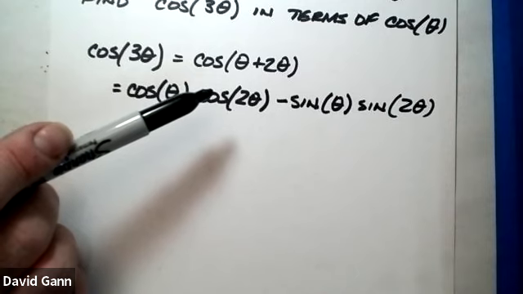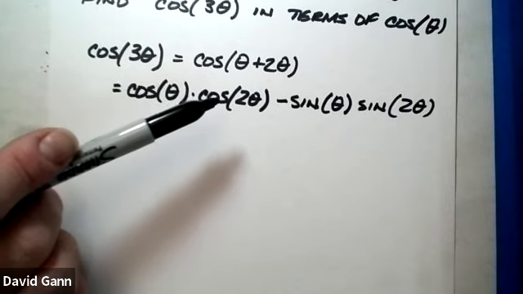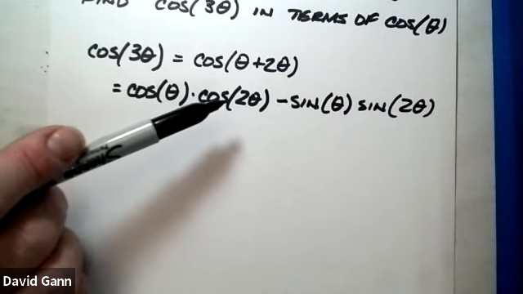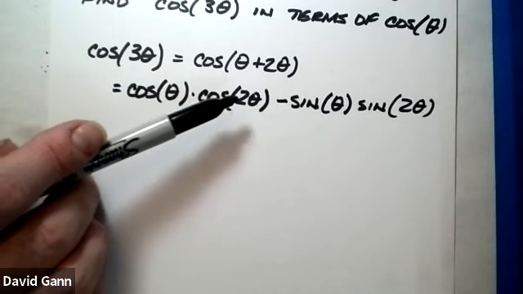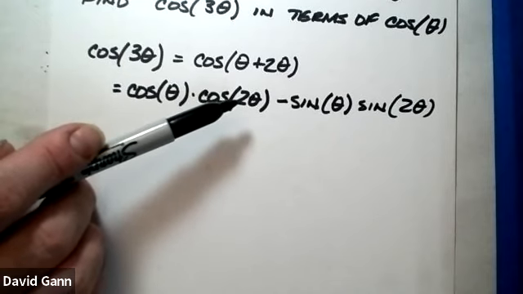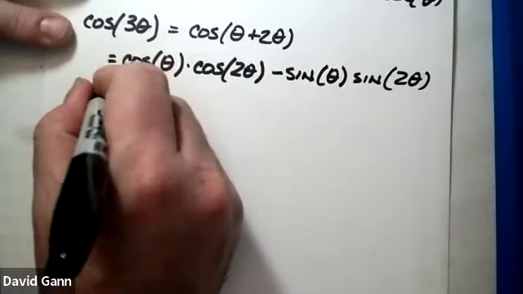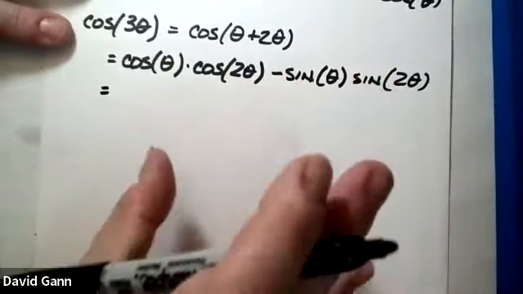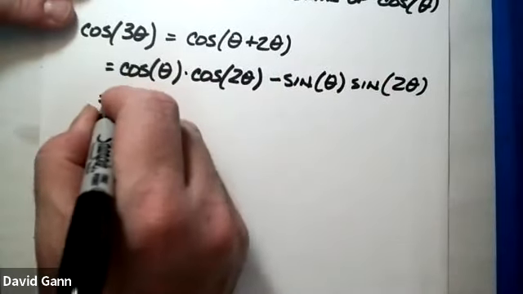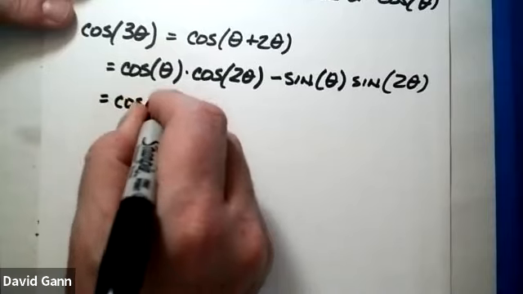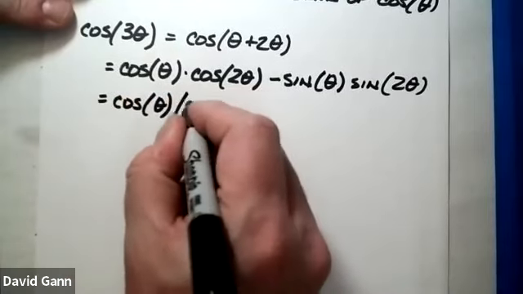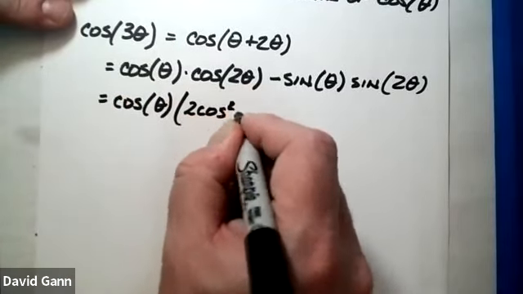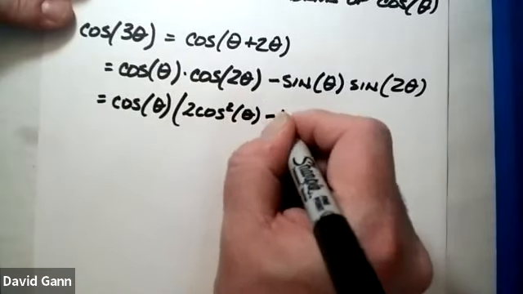I'm going to go ahead and write this one out as the version that has only cosine, the so-called third version. So this becomes, it's going to get kind of long here and then it's going to trickle down into something a little cleaner. So cosine of theta times the quantity 2 cosine squared of theta minus 1.